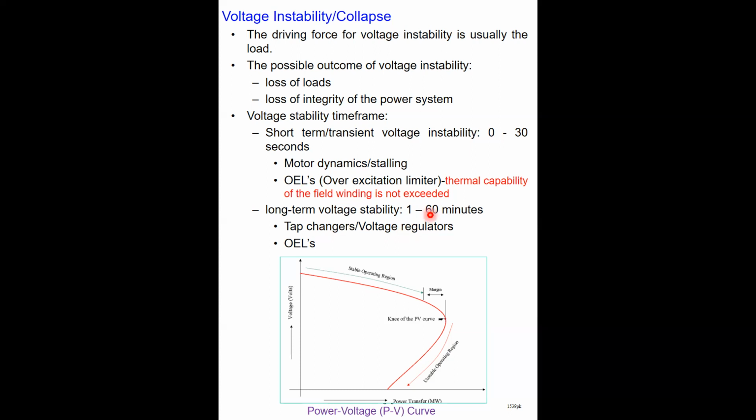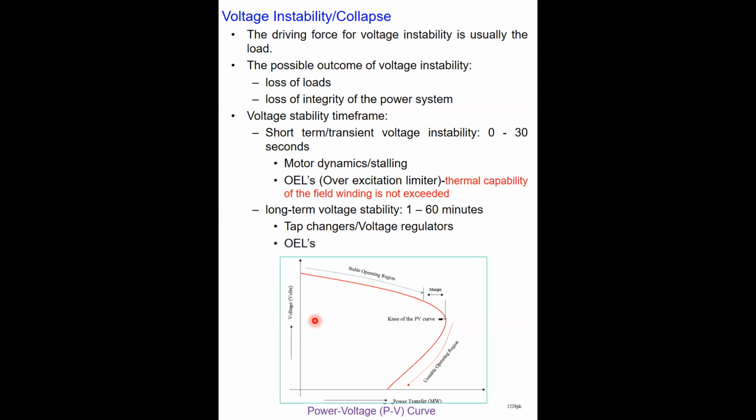Then they may have voltage instability. But this could be of much longer duration. Similarly, even in the case of a generator bus through overexcitation limiters, if we apply the limiters in a gradual way, this could take place over a longer duration.